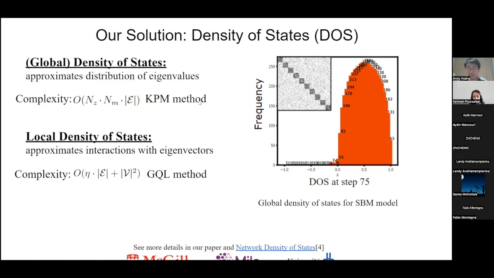So the density of states can be approximated very efficiently using some stochastic methods. So for example, if you want to compute the density of states on the Laplacian spectrum, it would only take the complexity shown here, which is the number of probing vectors times the number of Chebyshev moments times the number of edges you have in this snapshot.